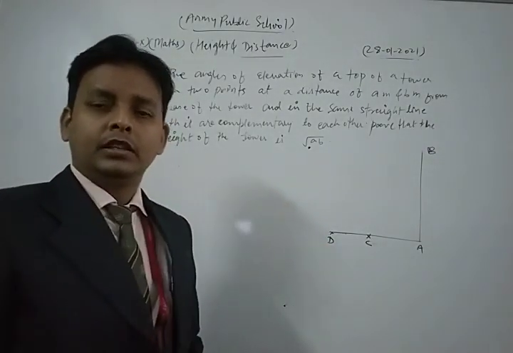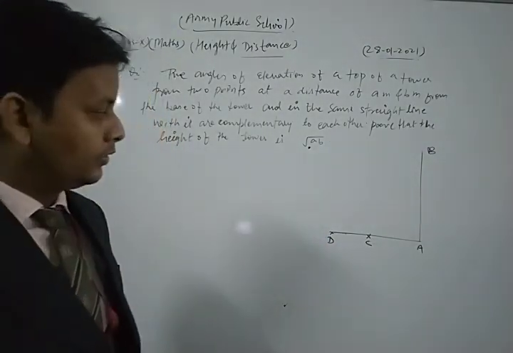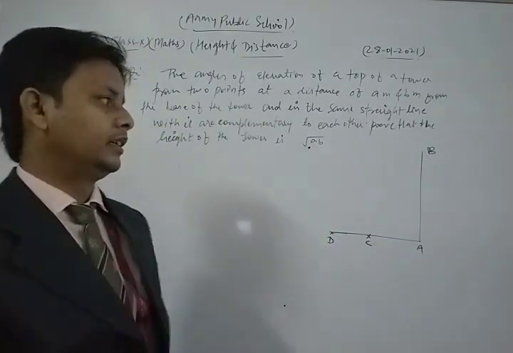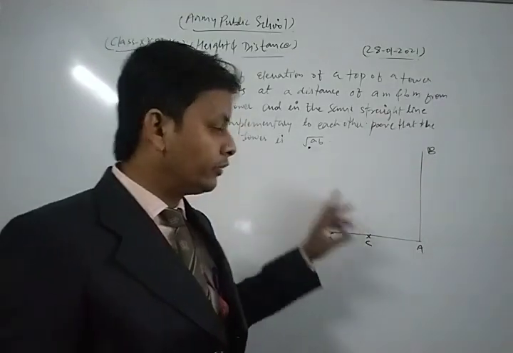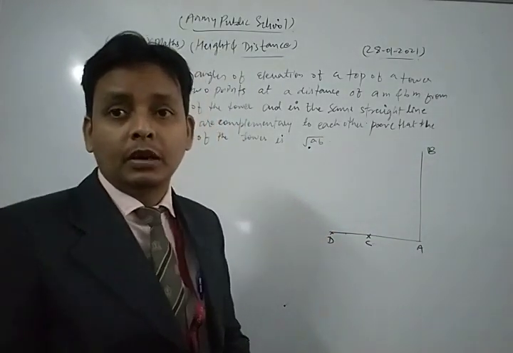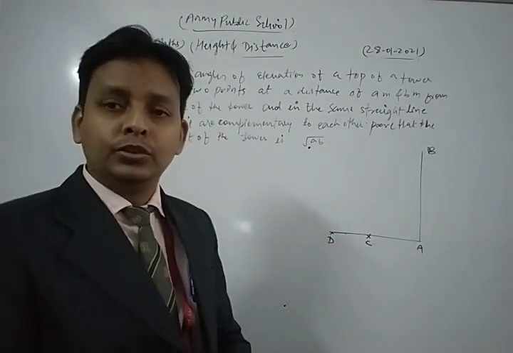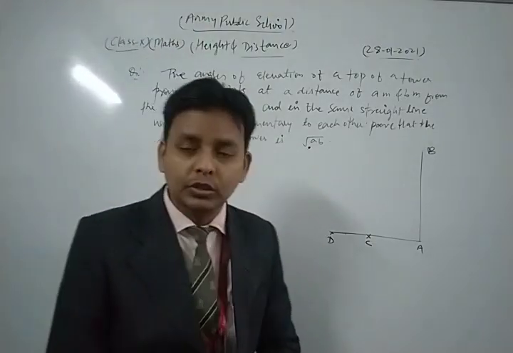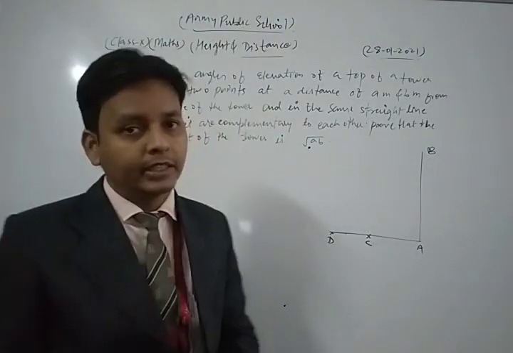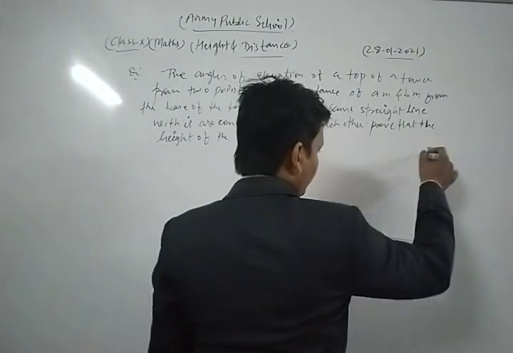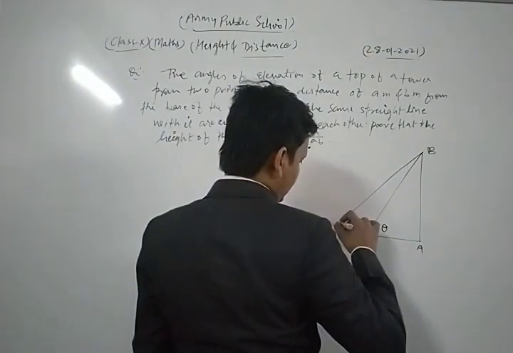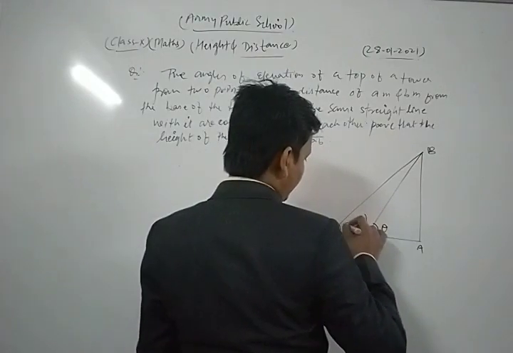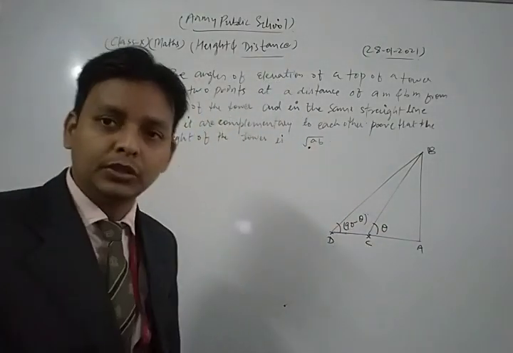Now from the top of the tower, the angles of elevation from these two points are complementary to each other, and you know that two angles are complementary if their sum of measures is 90 degrees. So if you take that angle as theta, then this is 90 minus theta, because they are complementary to each other.